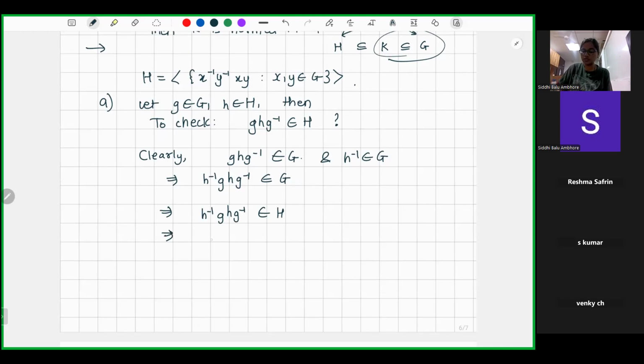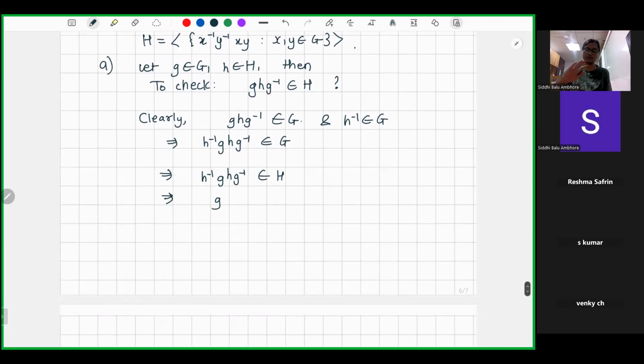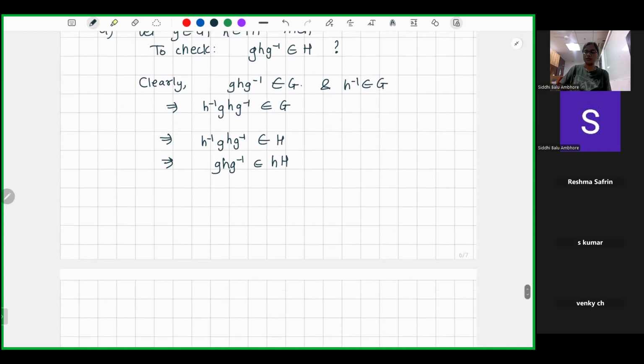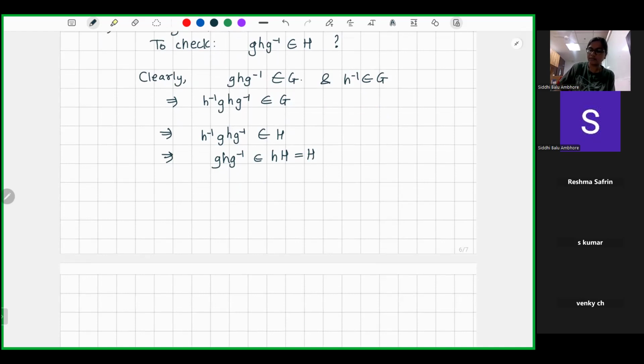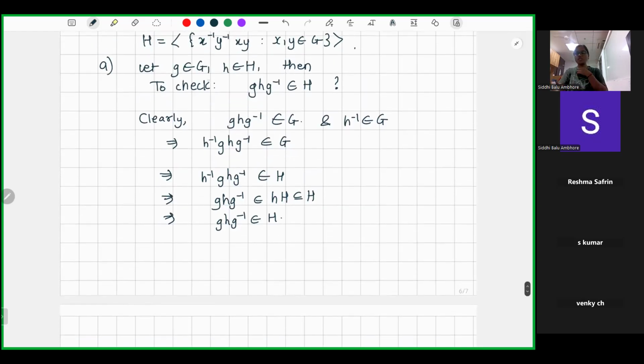This element is in H, so by the property of subgroup, we have this g h g inverse belongs to H. And this is anyway my H. So this g h g inverse is anyway a subset of H. So this belongs to H. So I started with any g in G and h in H, and I obtained that this g h g inverse belongs to my H. So any doubt here?